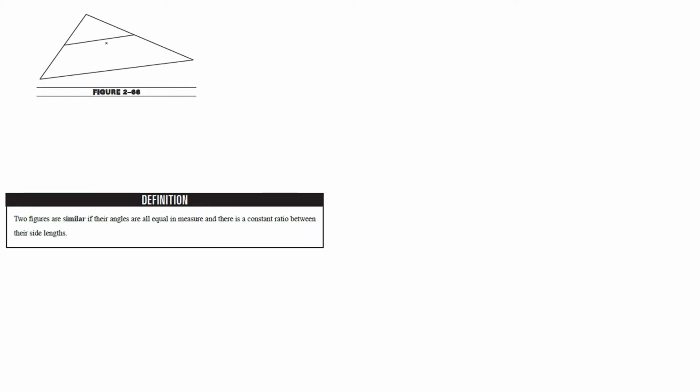So the smaller one will be. This is that same triangle, but we've further split it into 4 equal triangles, and the resource is going to use this to teach you exactly how the different proportions work.